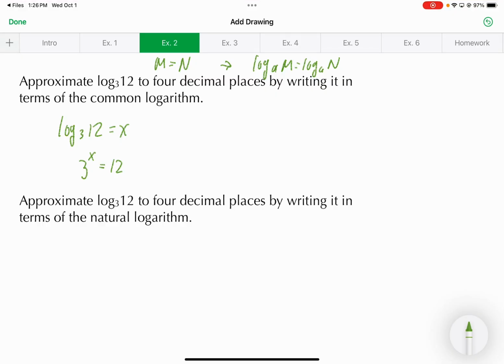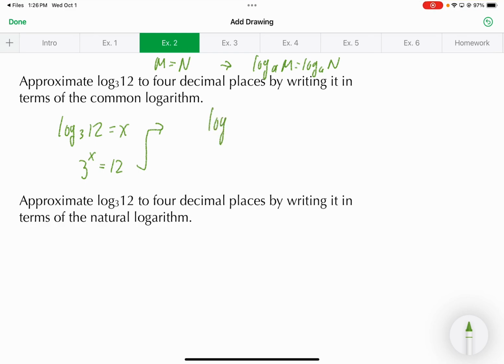Meaning, if you have 2 things that are equal to each other, you could take log of both sides of that equation, okay? So let's do that here. Which log do you guys want to use? We need to use a log that our calculator can handle. So log base 10. All right, so I'm going to take log of both sides of this equation.